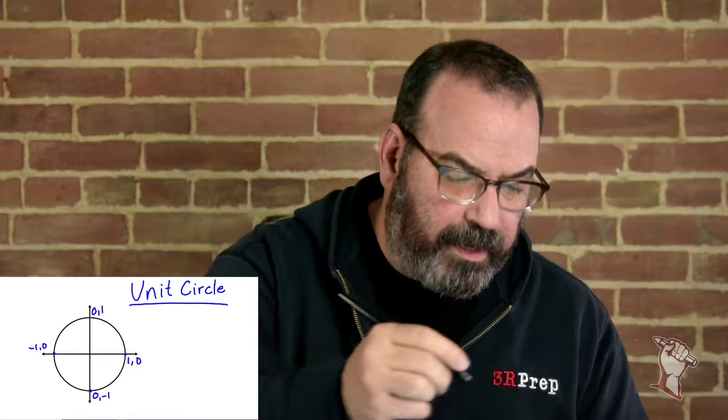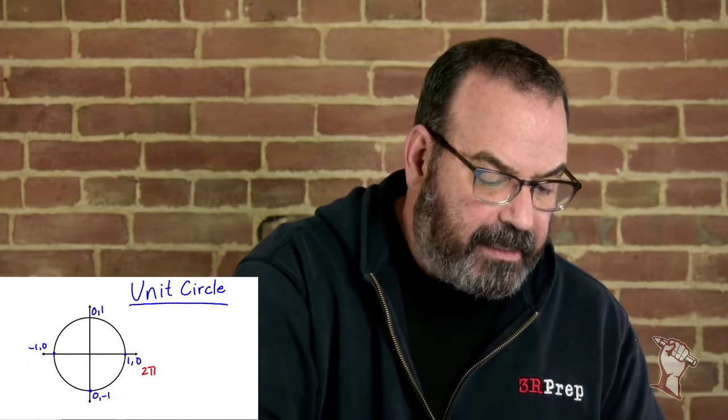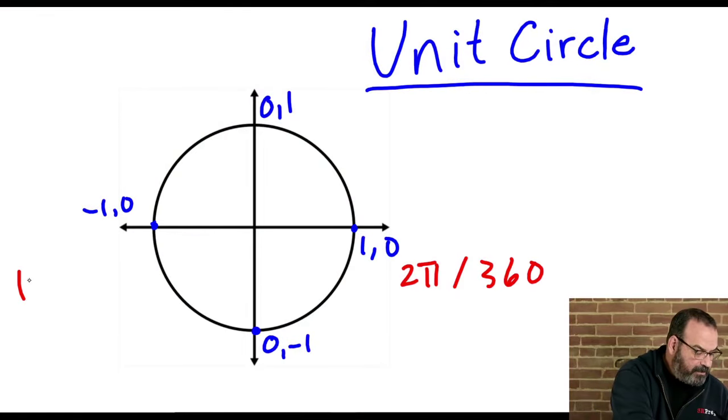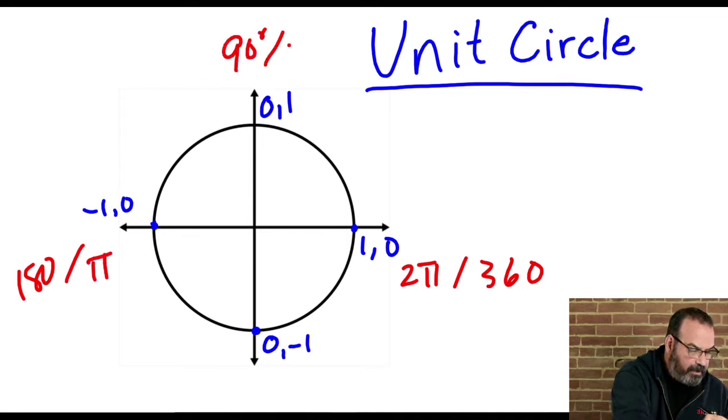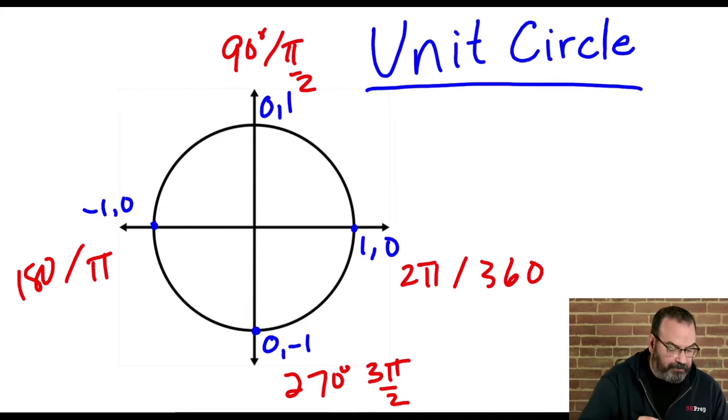But the important thing to know is that since the radius is 1, all the way around the unit circle is 2 pi at 360 degrees. At 180 degrees, it's half that way, or pi. And at 90 degrees, we are at pi over 2. At 270 degrees on the circle, going counterclockwise, we are at 3 pi over 2, or 1.5 pi.